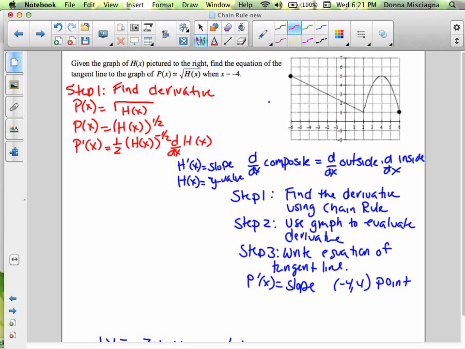All right, so let's simplify that a little bit. So p prime of x equals 1 over 2 times the square root of h of x, and then times the derivative of h of x, which we can put in the numerator. That's a little messy, isn't it? Let me write that one more time.